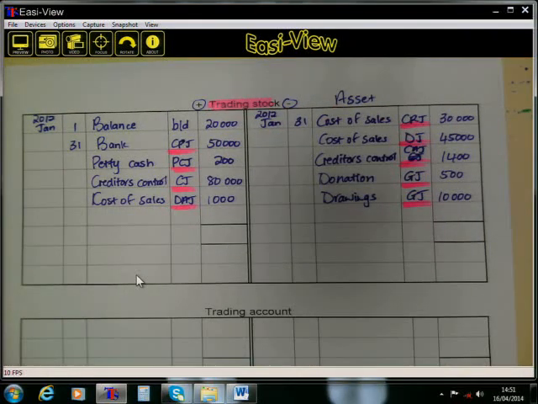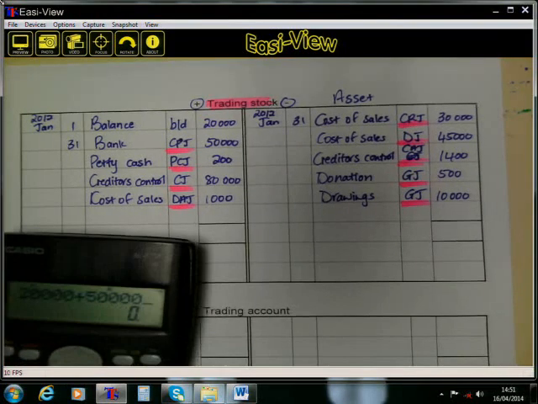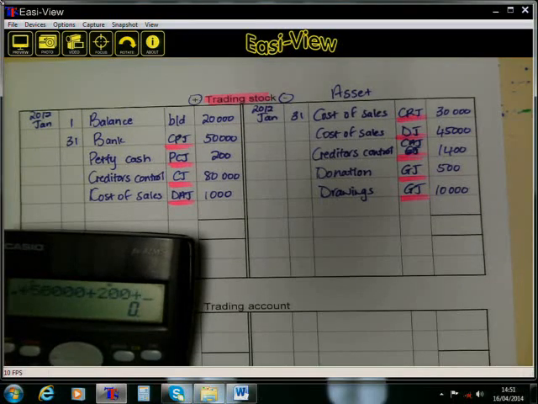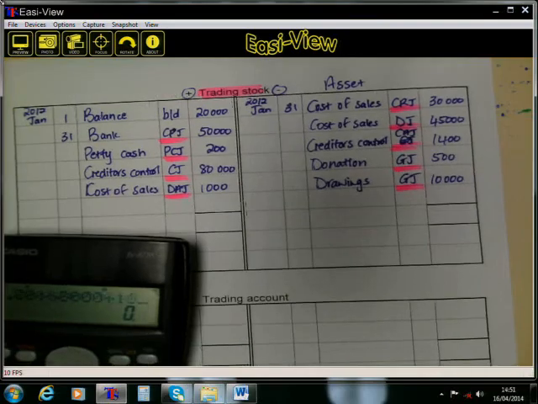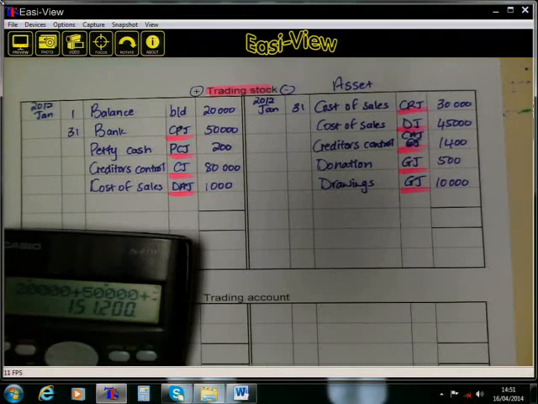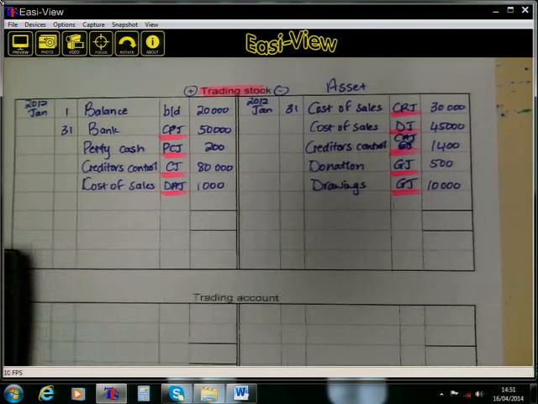So what are we going to do now? We are going to balance this. So we are going to say 20,000 on the debit side, plus the 50,000 on the debit side, plus the 200, plus the 80,000 that we bought on credit, plus the 1,000 rand, gives us 151,200 on the debit side.